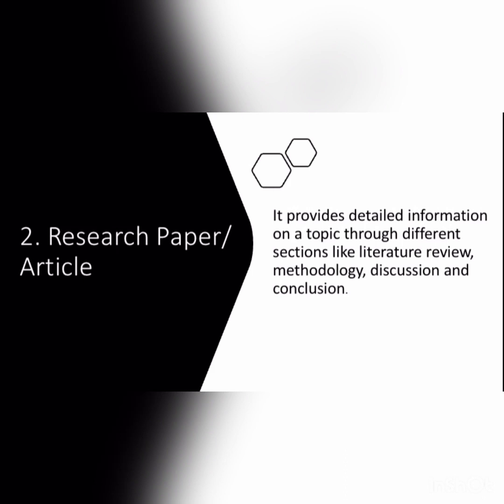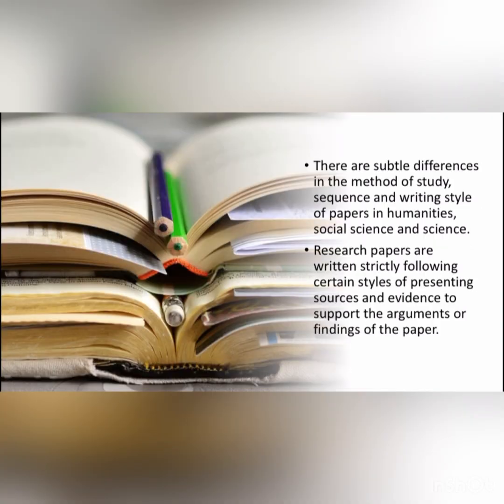There are subtle differences in the method of study, sequence, and writing style of papers in humanities, social science, and sciences. Research papers are written strictly following certain styles of presenting sources and evidence to support the arguments or findings in the paper.